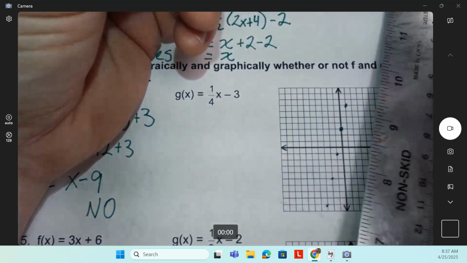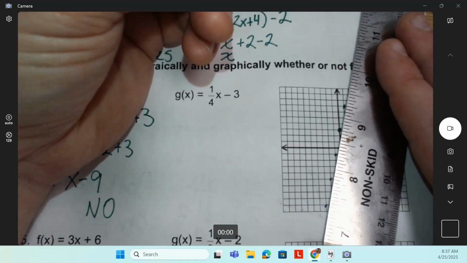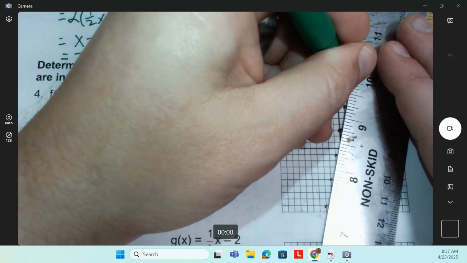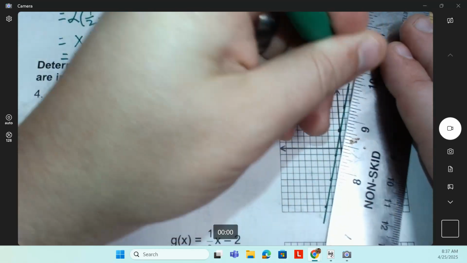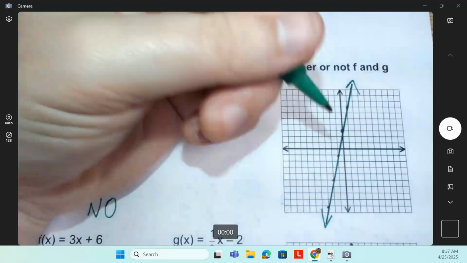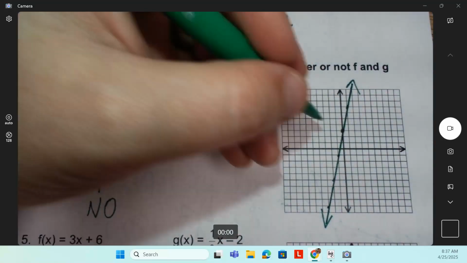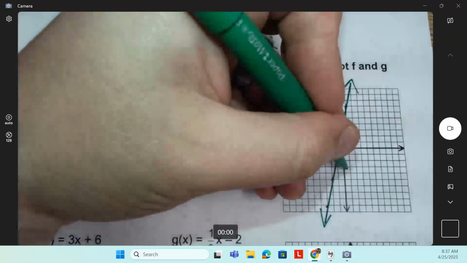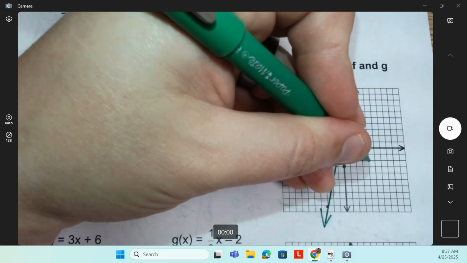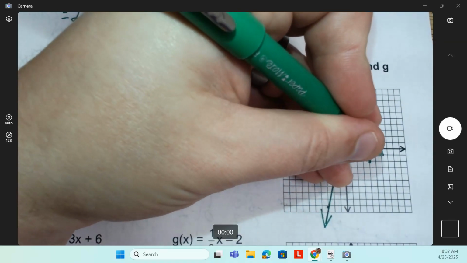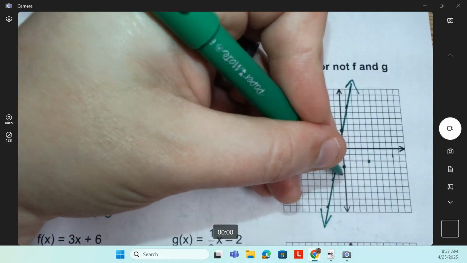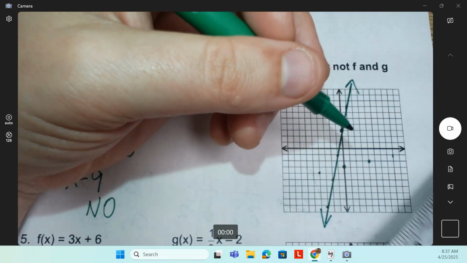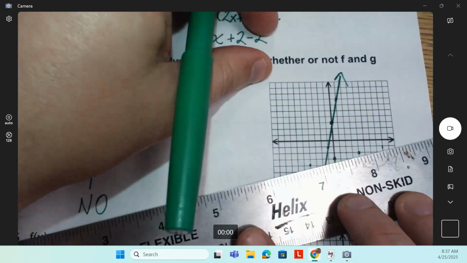Okay, so that'll be our first line. And my second line, I've got negative 3 and then a slope of 1/4. So up 1, 1, 2, 3, 4. And should be able to draw our line there.